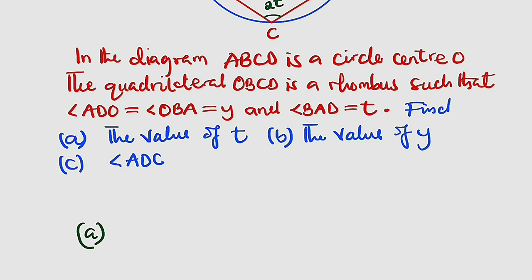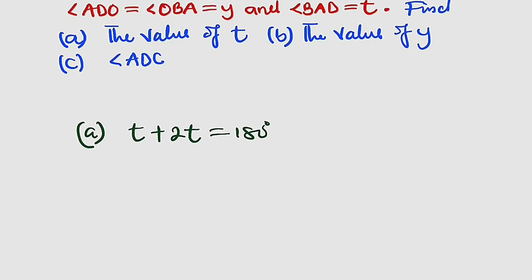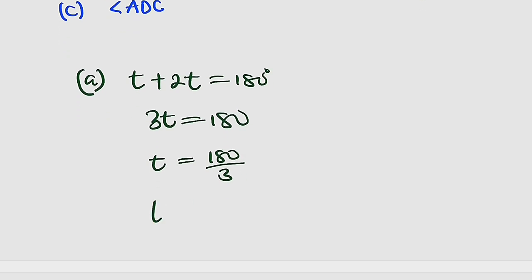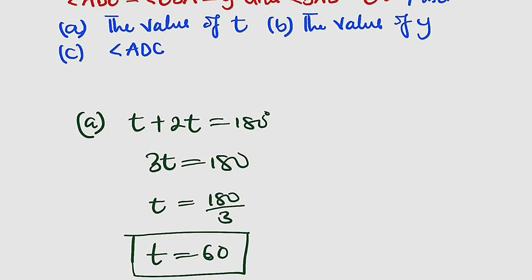So therefore, T plus 2T is equal to 180 degrees. This is 3T equal to 180, and T, which we are looking for, is equal to 180 divided by 3, which is equal to 60, and hence T is equal to 60. We're done with A part.